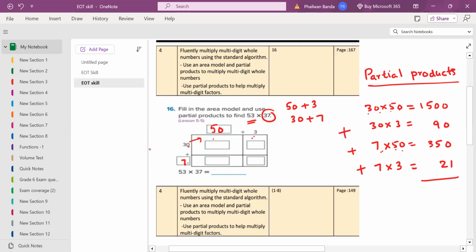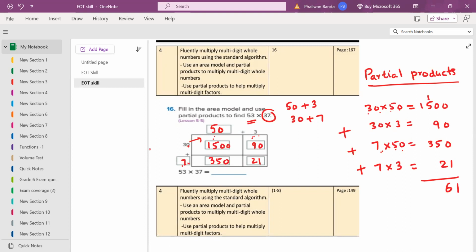So first 30 multiplied by 50, right, put here 1500. Again 30 multiplied, be careful. It's 90. 7 multiplied by 50, 350. 7 multiplied by 3, 21. Add all these numbers, 0, 0, 0, 1, 9 plus 5, 14 plus 2, 16.